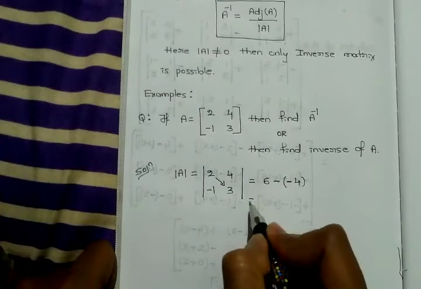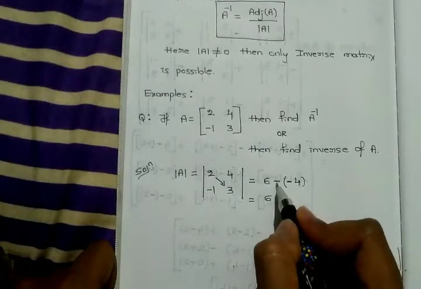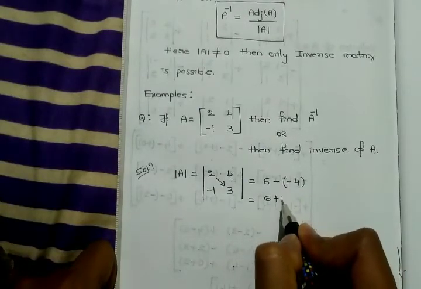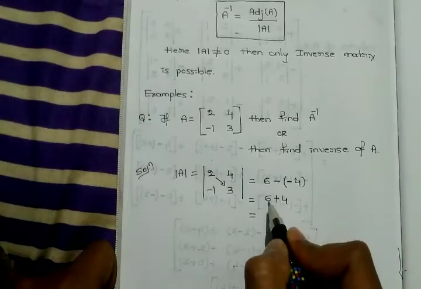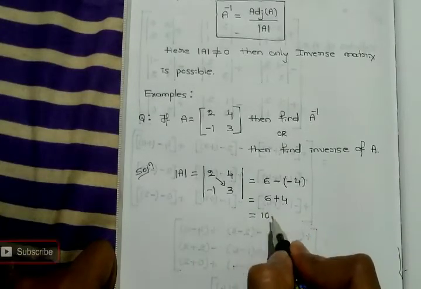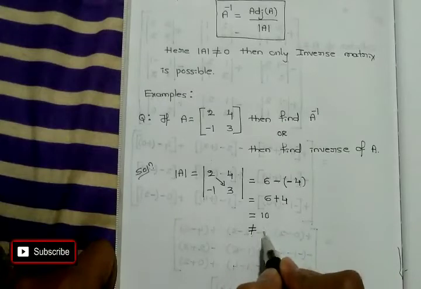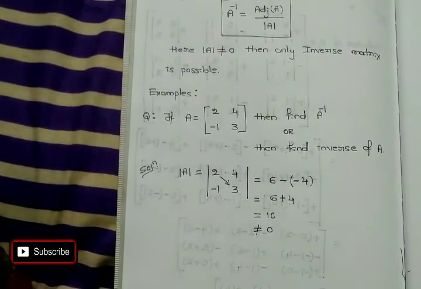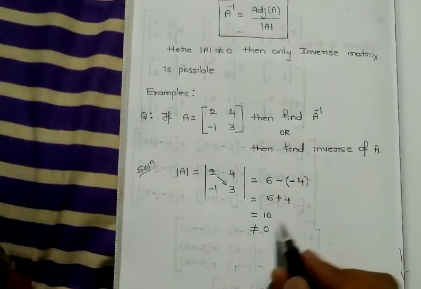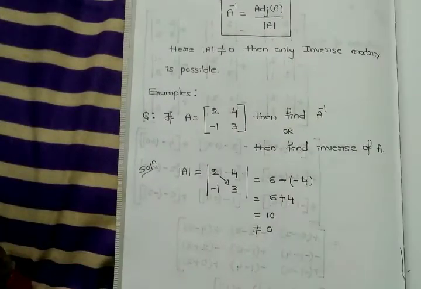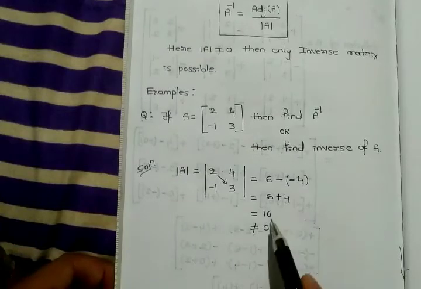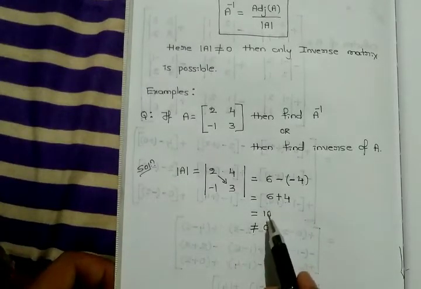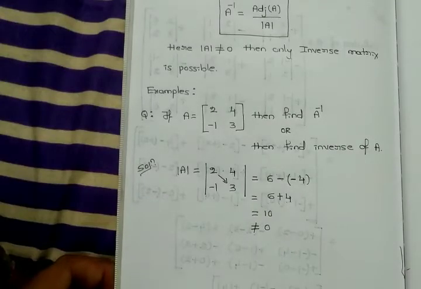So it is 6, keep it as it is, minus into minus is plus 4. 6 plus 4 is 10. 10 is not equal to 0. Therefore A inverse is possible, because you are not getting 0, you are getting 10, and 10 is not equal to 0.